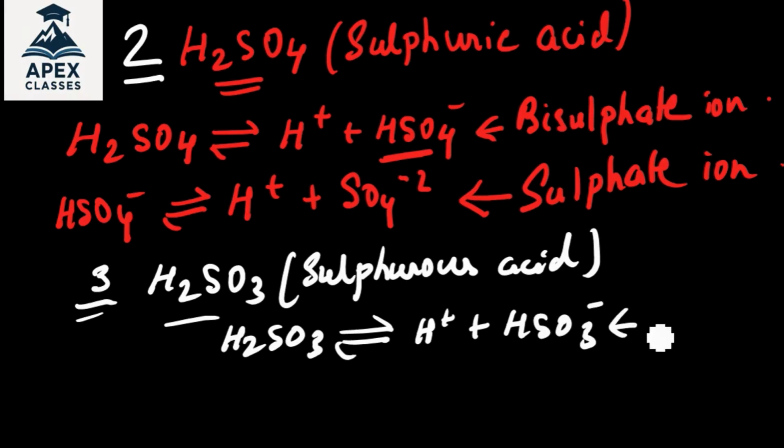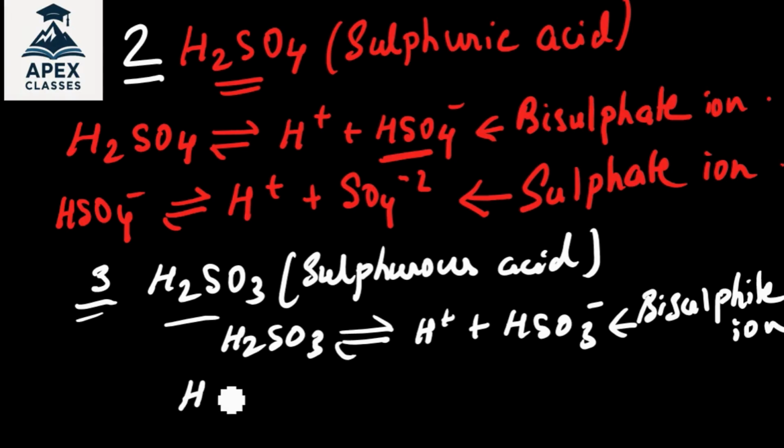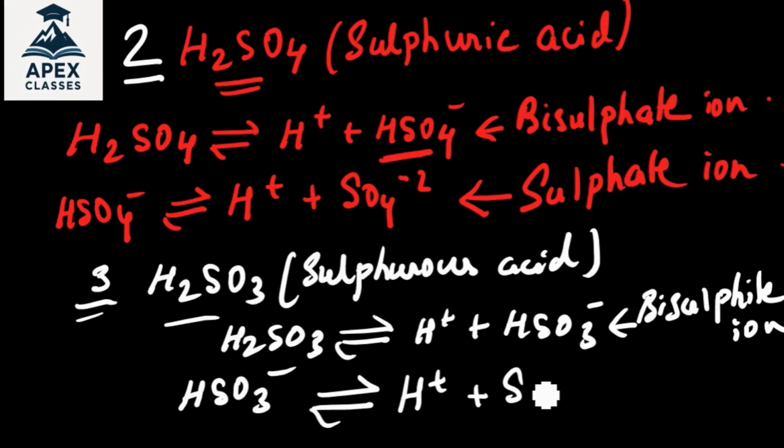This is the bisulfite ion, of course. Then comes HSO3 minus. It will again give up H plus to form H plus and SO3 minus 2. This will be our sulfite ion.